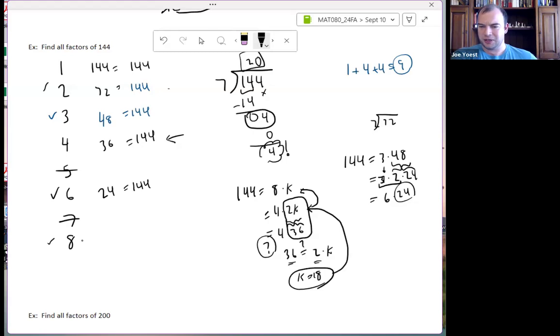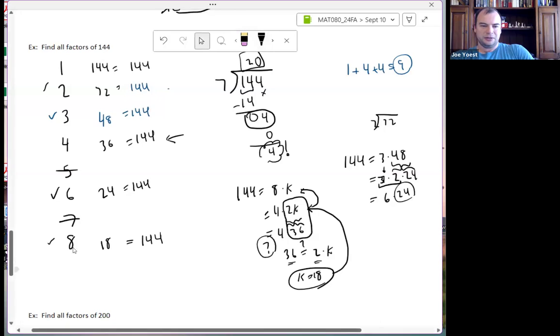That doesn't seem right. What did I do wrong here? Oh no, okay, that's right. When I was multiplying it in my head, I had an arithmetic flub, but all right, looks good. So 18. Yeah, that's good. Okay, so 144 is 8 times 18.